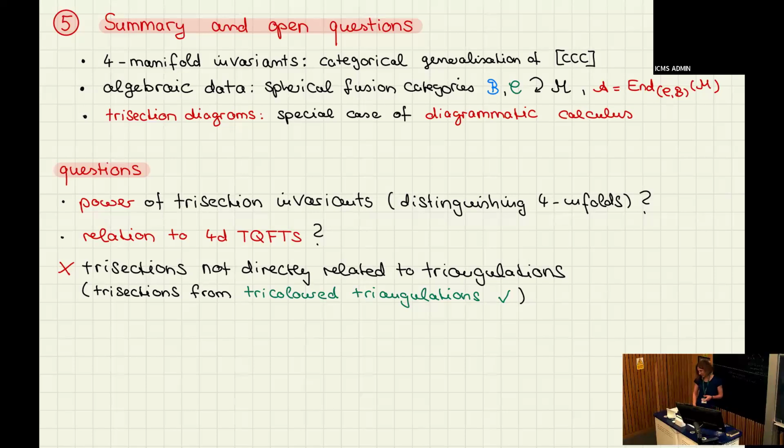There is a procedure of getting trisections from tricolored triangulations. These are triangulations where the vertices have the colors red, blue, and green, and every 4-simplex has all 3 colors. But the colors are really important here. And so it's not very obvious. In this way, you can make trisection invariants, but then when you try to glue triangulations, something weird happens to these bits of surface.